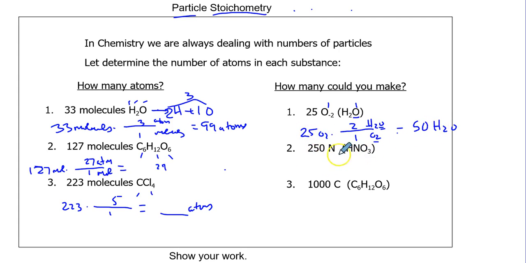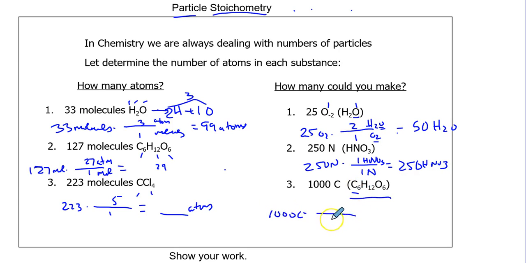Alright, in this case I have nitrogen. Here's my formula. 250 nitrogens. For every 1 nitrogen, I can make 1 HNO3. 250 HNO3s. 1,000 carbon atoms. Okay, how many of these can I make? Well, let's show the work here. It's a 6 to 1 ratio. 1,000 carbon atoms.